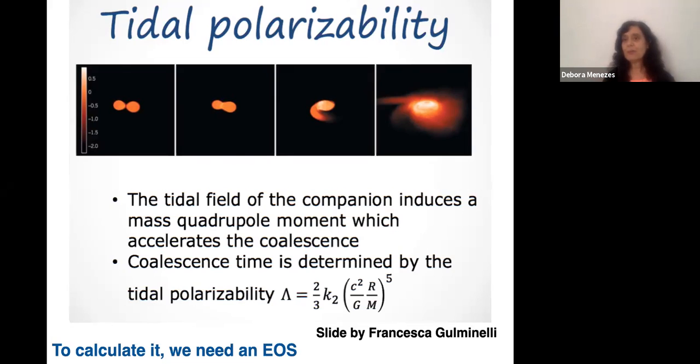This is called tidal polarizability, and it's given by this expression, 2/3 of k2, where k2 is known as the second order Love number, and it comes from calculation in general relativity, and C is the compactness of the star. G is the gravitational constant. R and M are the radius and mass of the neutron star.